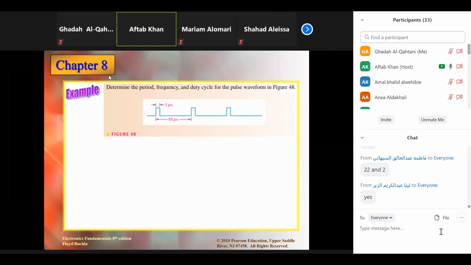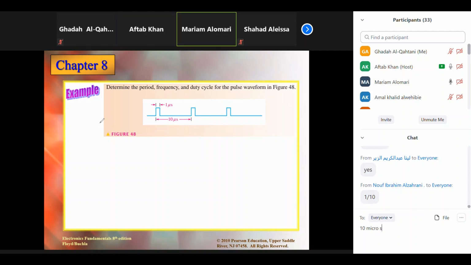Determine the period, frequency, and duty cycle of the waveform. Can you find the period? Period is the time which is repeating: 10 microseconds. 10 microseconds is the period, correct?